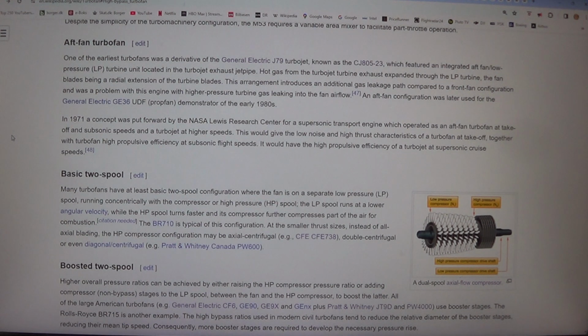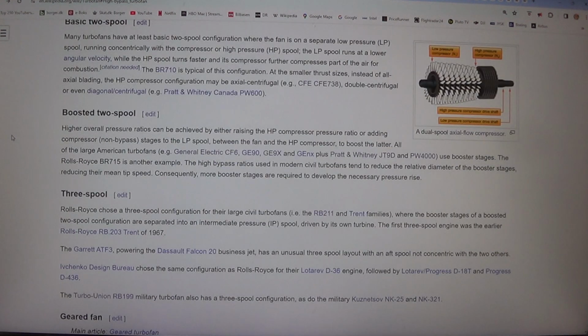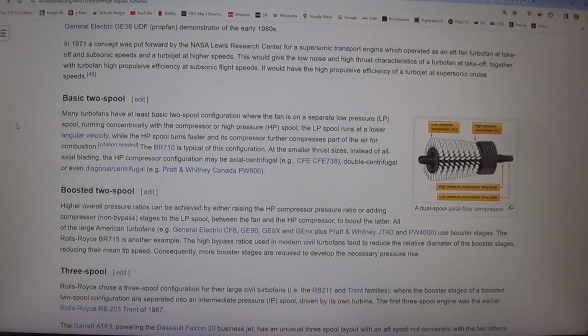Basic two-spool. Many turbofans have at least a basic two-spool configuration where the fan is on a separate low-pressure, LP, spool, running concentrically with the compressor or high-pressure, HP, spool. The LP spool runs at a lower angular velocity, while the HP spool turns faster and its compressor further compresses part of the air for combustion.